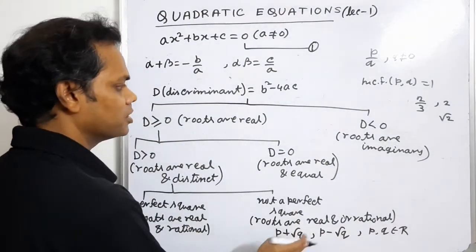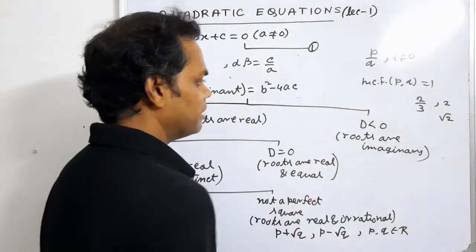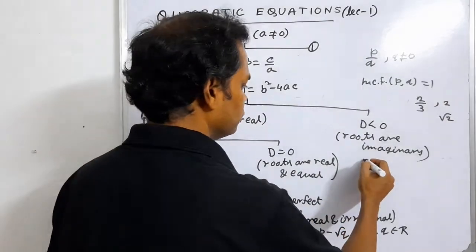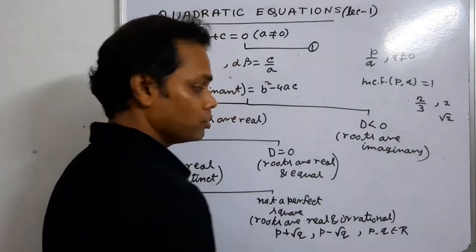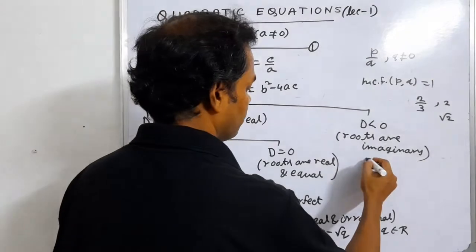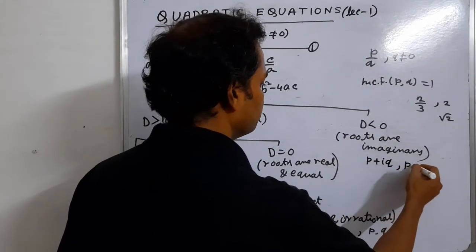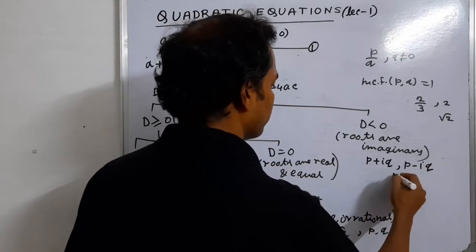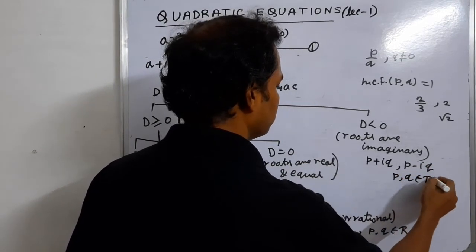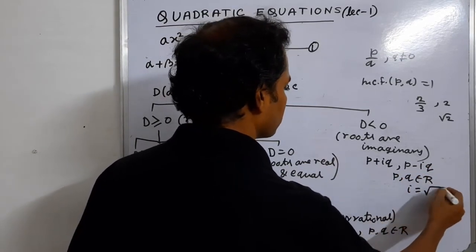They are conjugates of each other. For the imaginary case, the two roots are also a conjugate pair. If one root is p plus iq, then the other root would be p minus iq, where p and q belong to R and i is iota, the square root of minus 1.